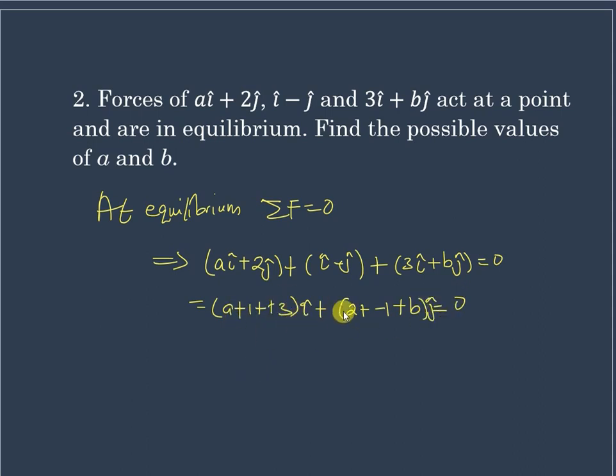Now if the vector is like this and everything is equal to 0, then it means that the individual components should each give us 0.